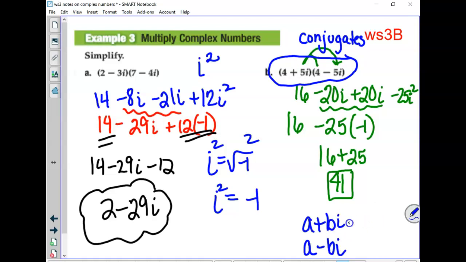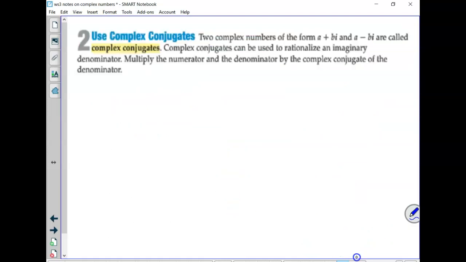When you just change the sign in the middle, these are conjugates. A plus bi, a minus bi. Those are conjugates. Everybody got that? So they're called complex conjugates.